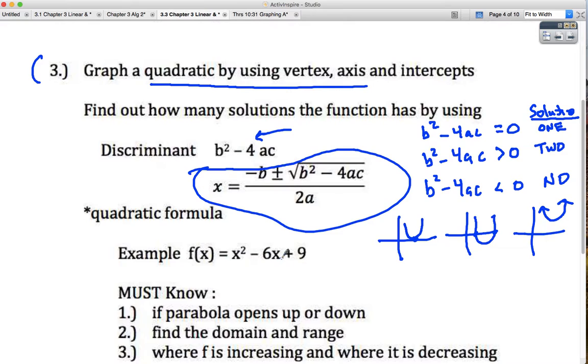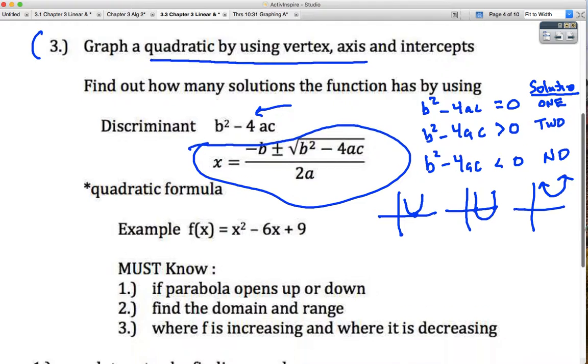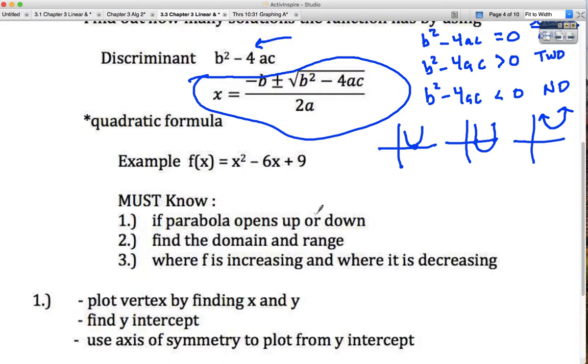This is in standard form, and we're going to look at the negative b over 2a way of determining the vertex here. First of all, let's answer some questions that I should be able to easily answer. Does the parabola open up or down? Well, you can see the a value is understood to be 1 here. It's positive.